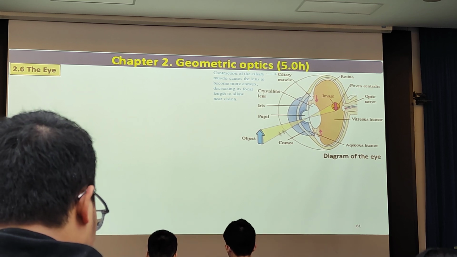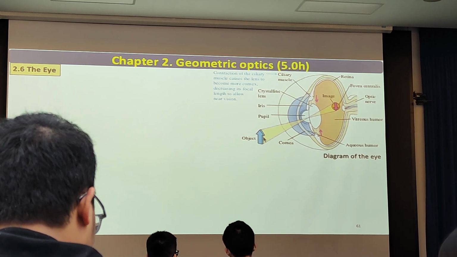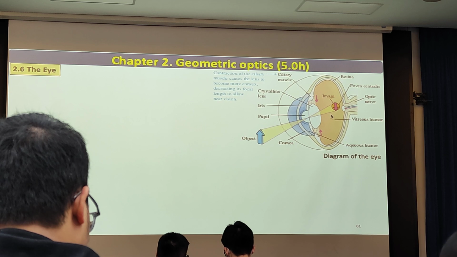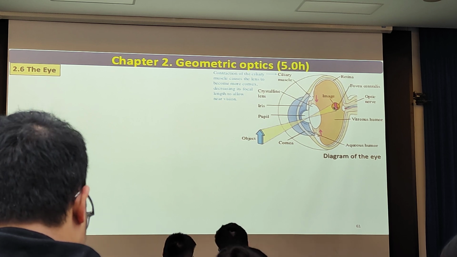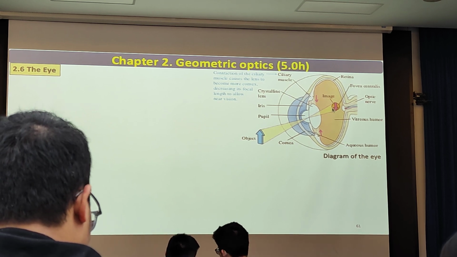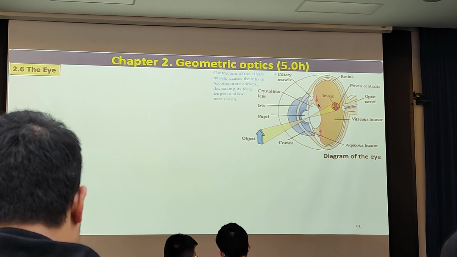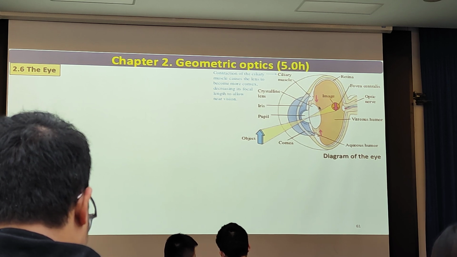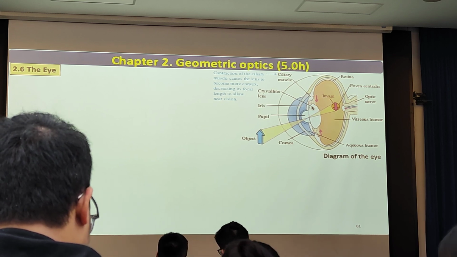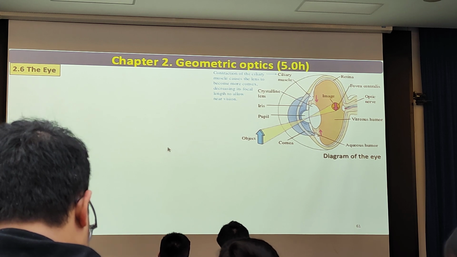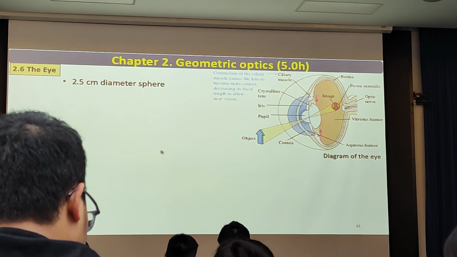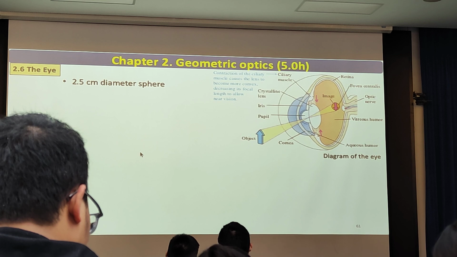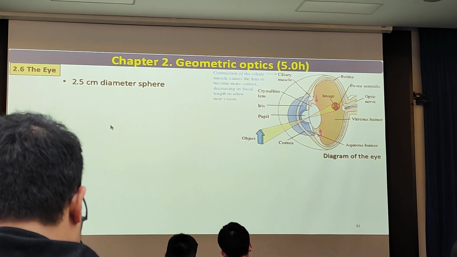In this picture, you see the object in front of the eye changed into an image, because we have here also this part, which is the crystalline lens. So step by step, we will see our eyes from the optics point of view.